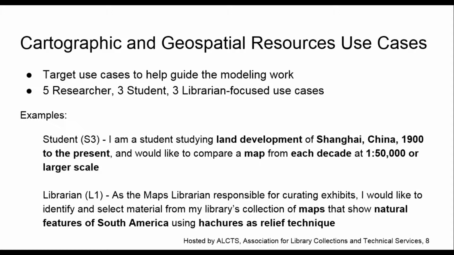So together, we narrowed down the project use cases to 5 researcher, 3 student, and 3 librarian focused use cases that would help to guide us through our concept modeling work.